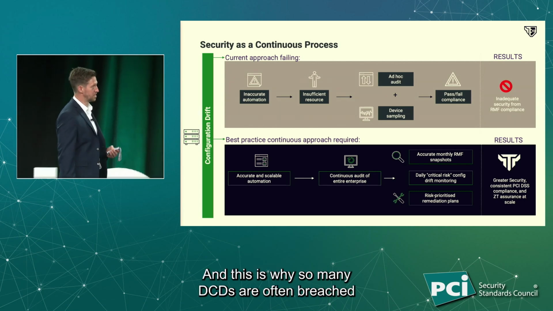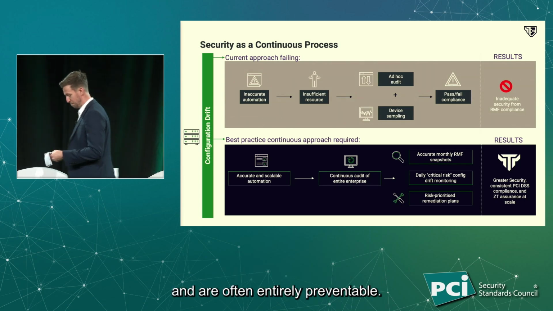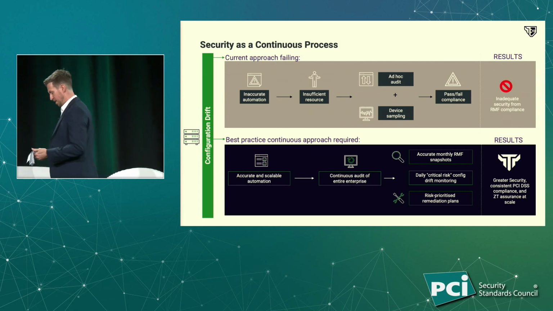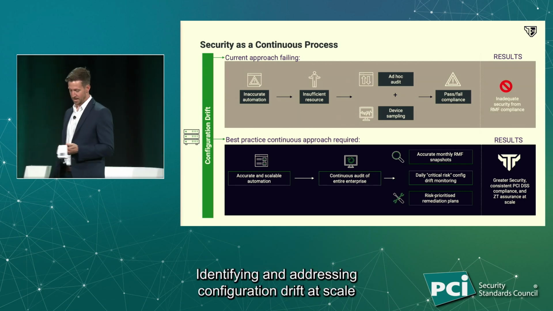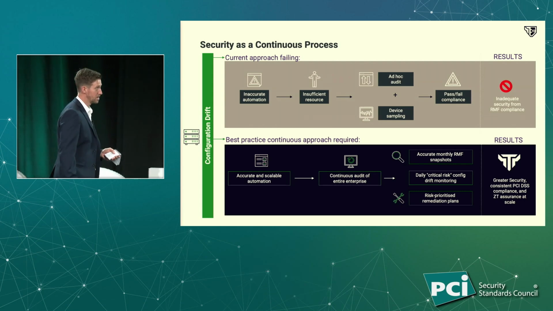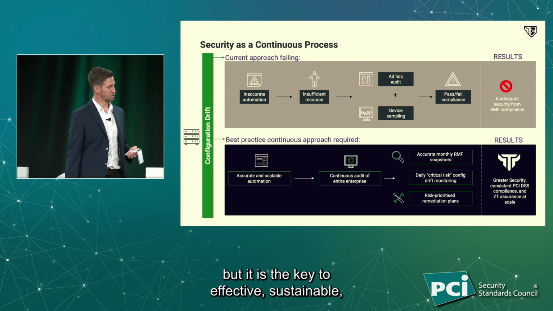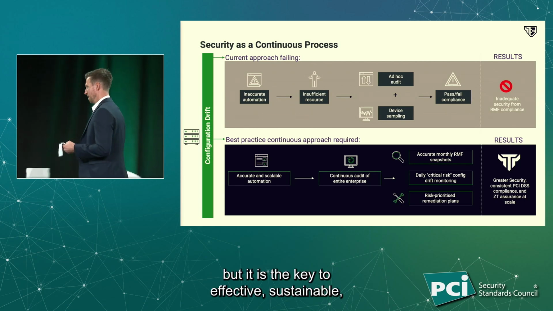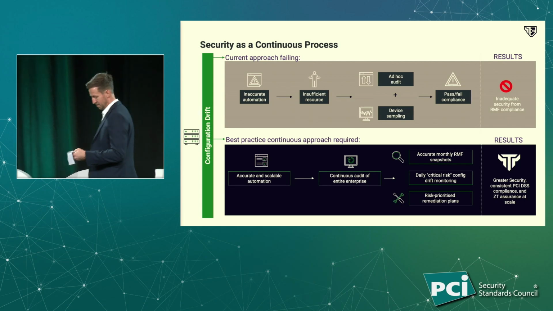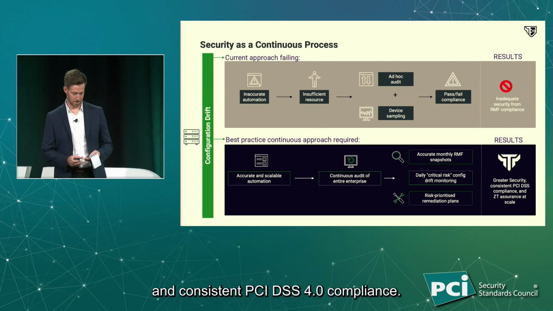And this is why so many CDEs are often breached and are often entirely preventable. Identifying and addressing configuration drift at scale is a major challenge. But it is the key to effective, sustainable, and consistent PCI DSS 4.0 compliance.